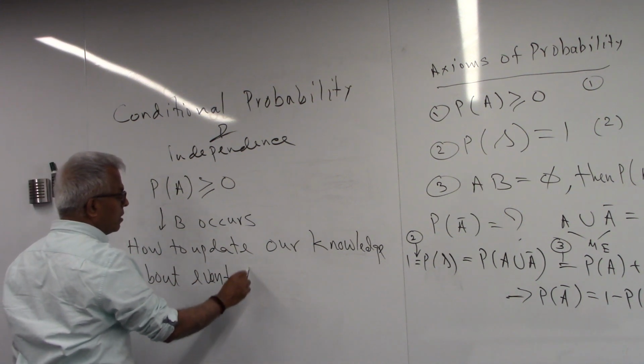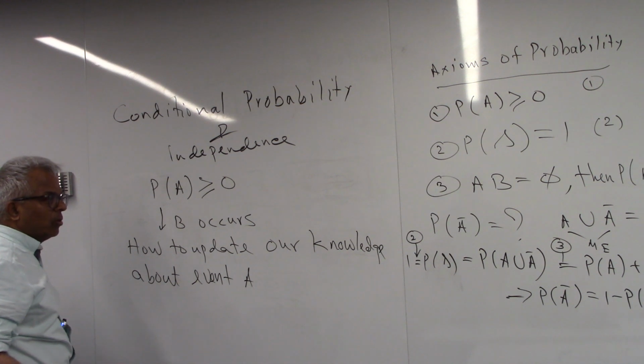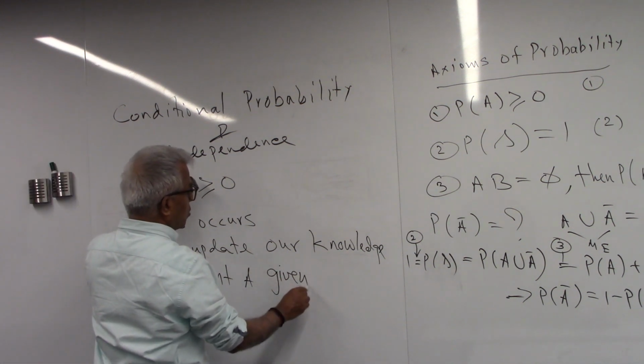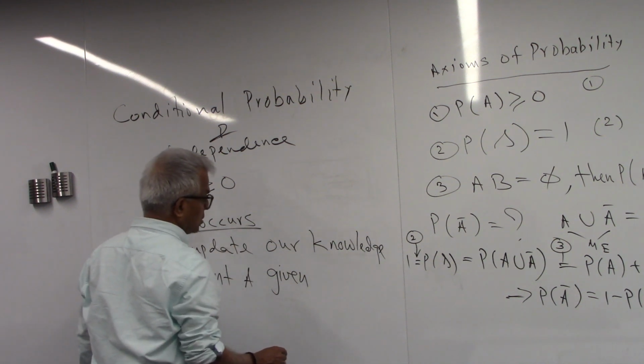Remember, all events are random or unpredictable. But here in this context, something has happened: B has occurred.